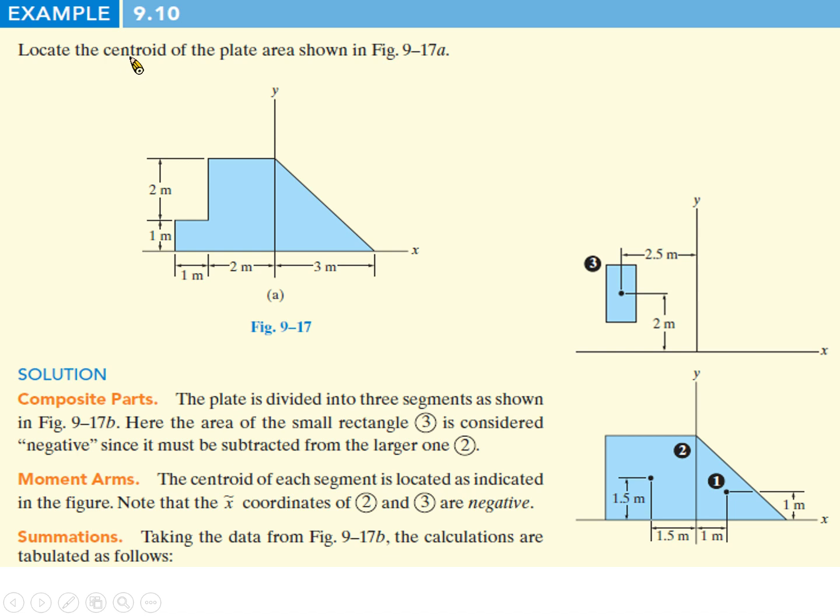For this area, we want to work out the centroid. Of course, from this figure, we can see the area is irregular, and it looks very complicated. However, the solution is not that difficult.